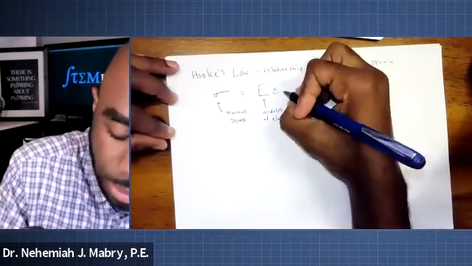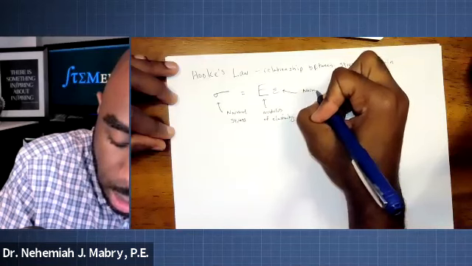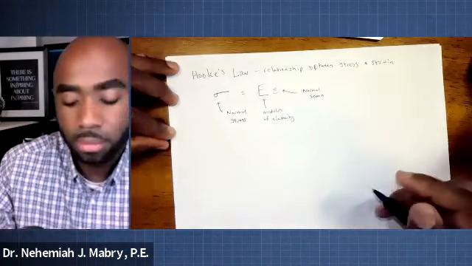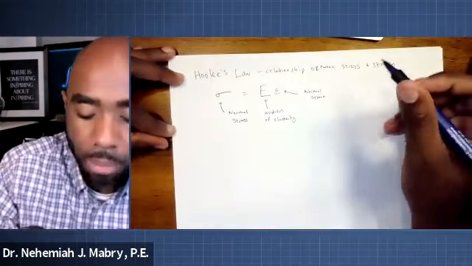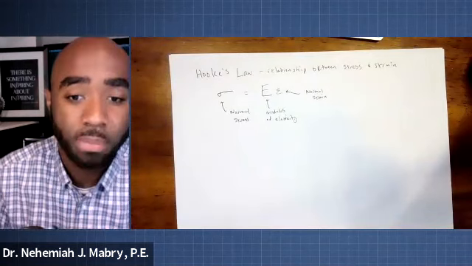And epsilon is our strain, normal strain. And E, again, is a material property, and it is determined experimentally.